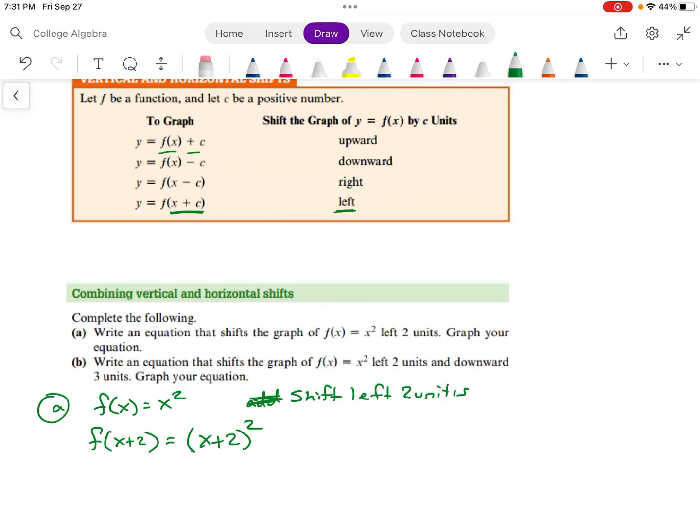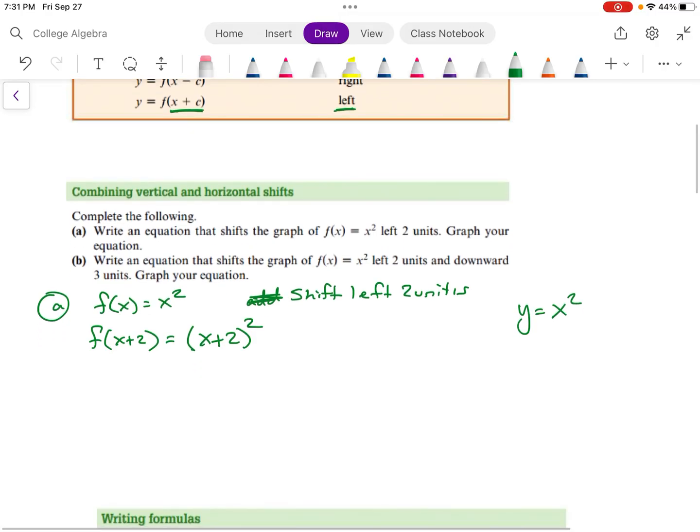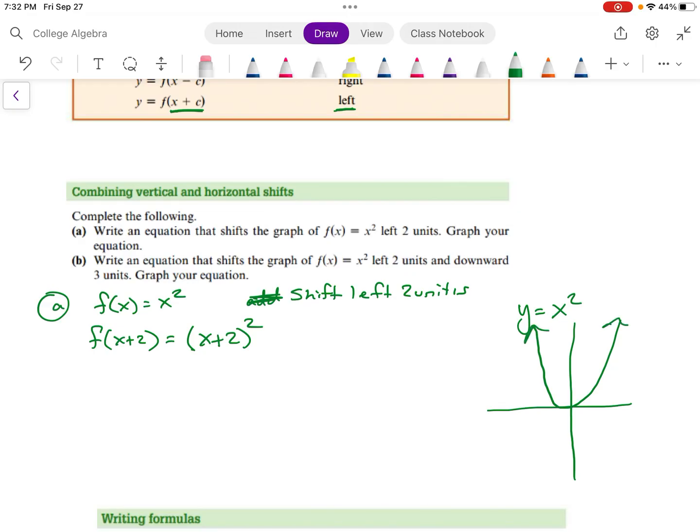That's in vertex form, which we've talked about earlier in the chapter on how to graph from vertex form. If we think about the original function, y is equal to x squared, that is a parabola that has a vertex at the origin and looks something like that. And so now this one is shifted to the left.